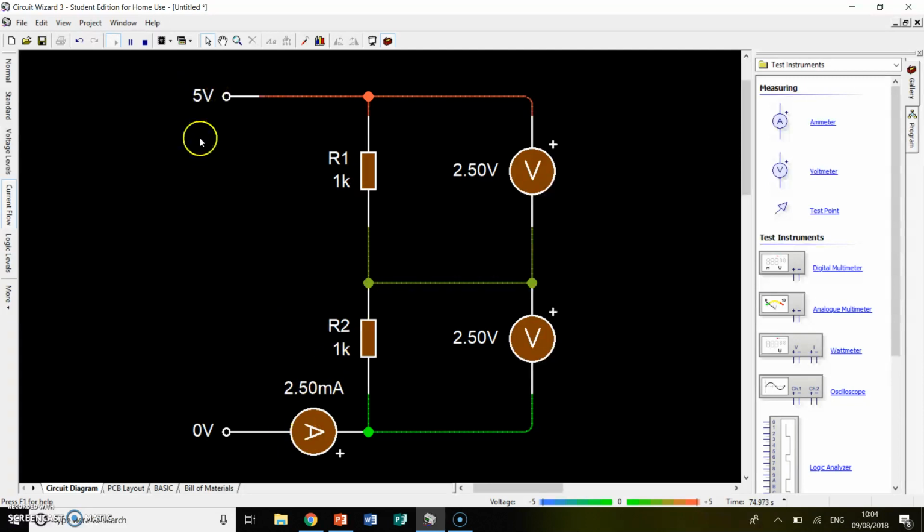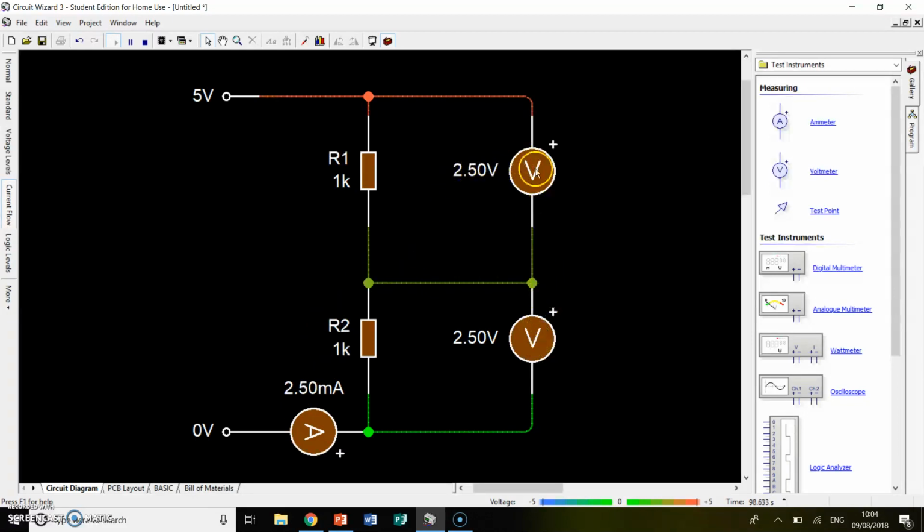So the amps is 5 divided by 2000, and that will give us 2.5 milliamps. Okay, now I've put that in just so that as we're going through, the resistance values change, you'll see that the current changes, but I'm not going to keep referring to it. I've just put it in there for those of you that are wanting to pay attention to what it is.